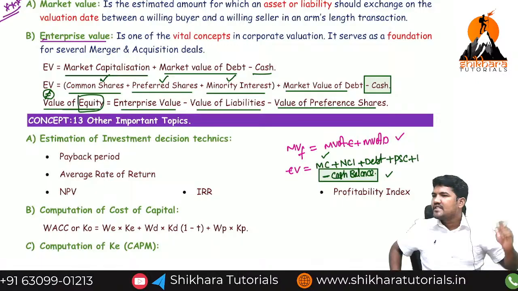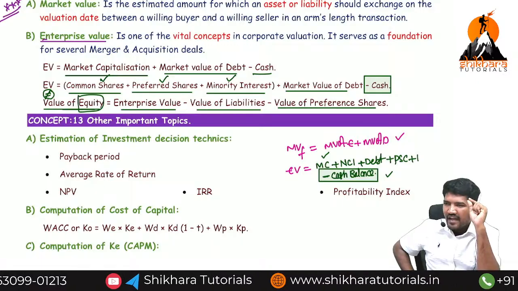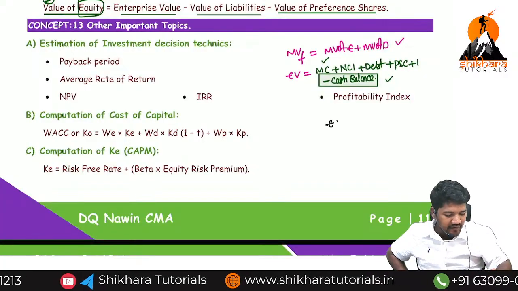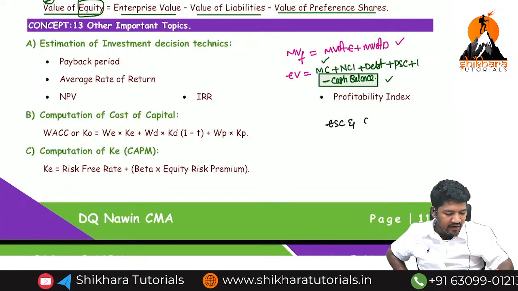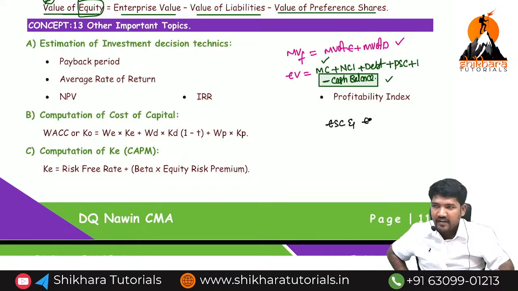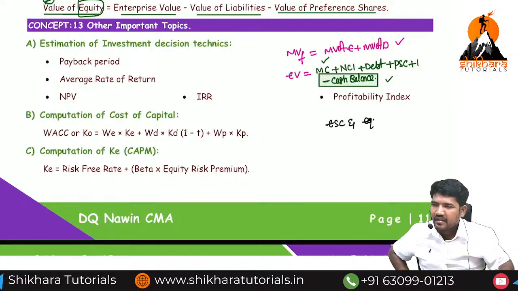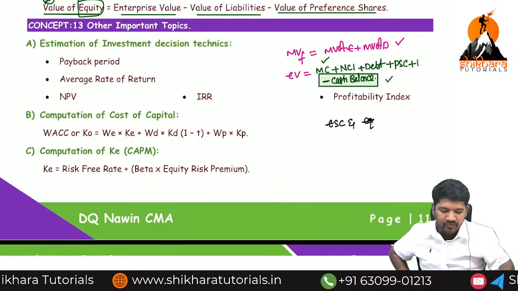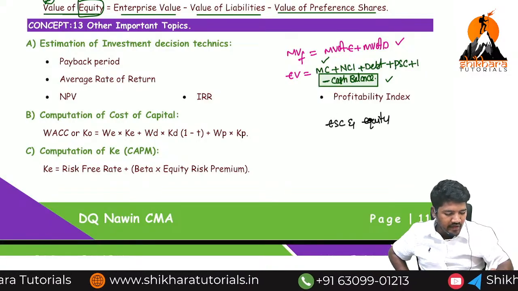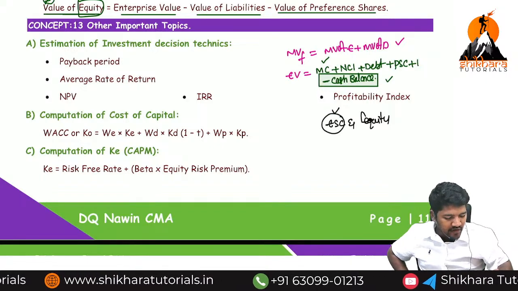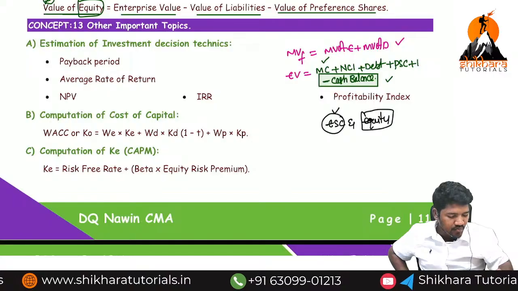I will give one clarity. Previously, I provided clarity between equity share capital and equity, right? That name, just for understanding purpose, I explained. It's not a clear term. So when it comes to equity share capital, you know that is the amount you invested. When it comes to equity calculation, what?